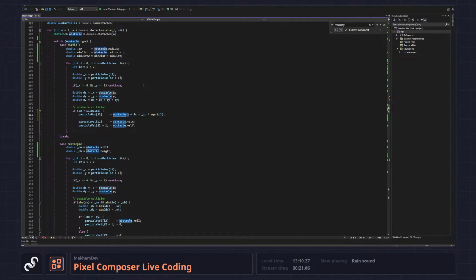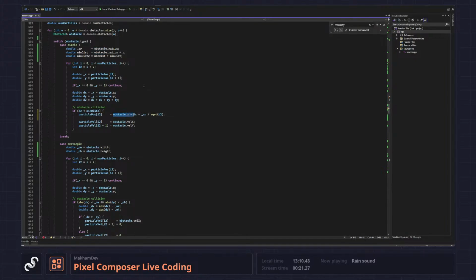Obstacle x has to move outside of the obstacle, so if d2 is less than minimum distance 2.